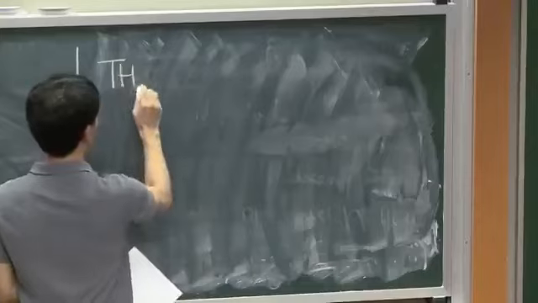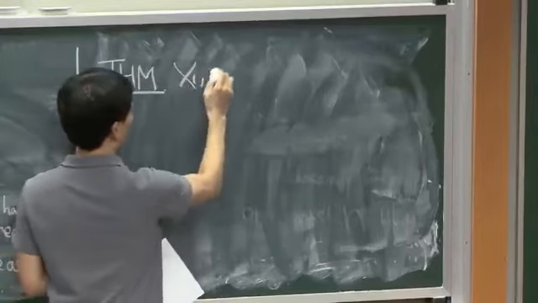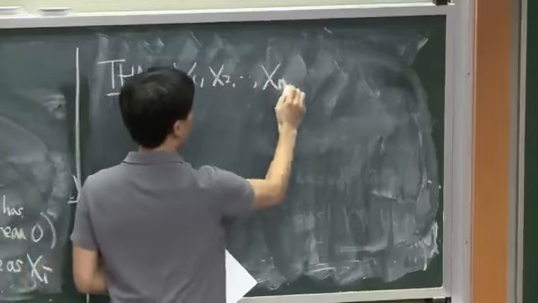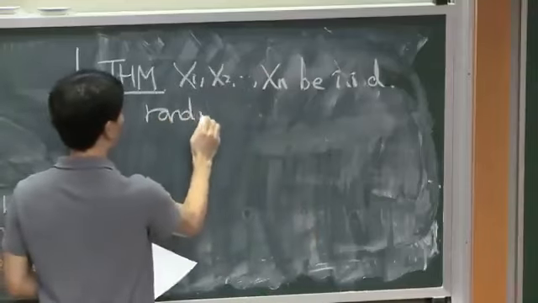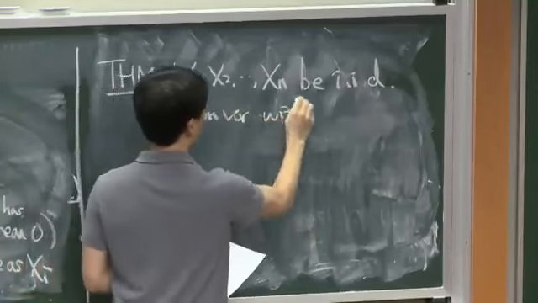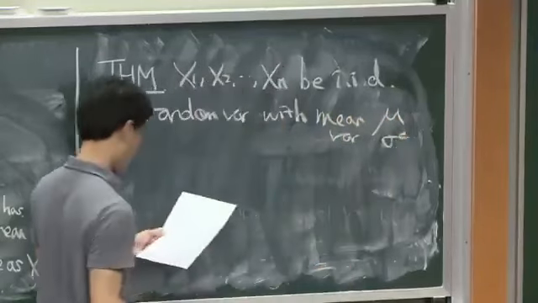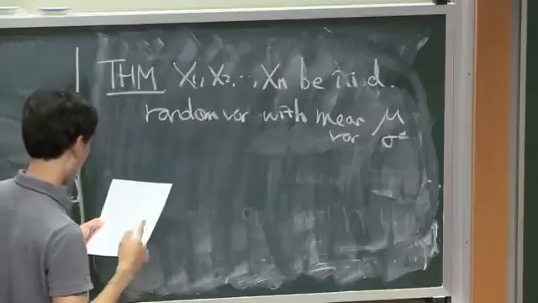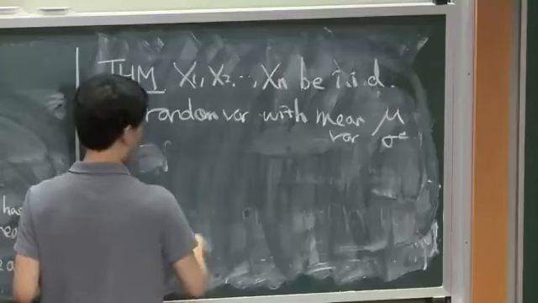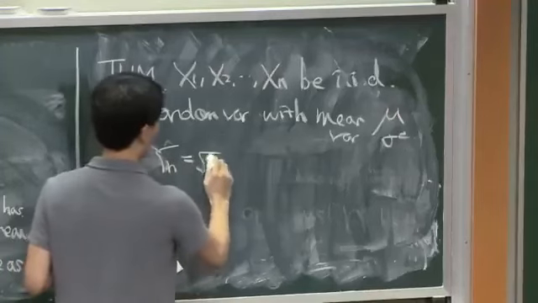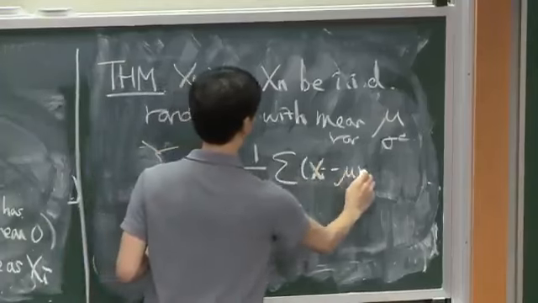So theorem. Let x1, x2, ..., xn be IID random variables with mean, this time mu, and variance sigma squared. And let yn be square root n times 1 over n of the sum of xi minus mu.